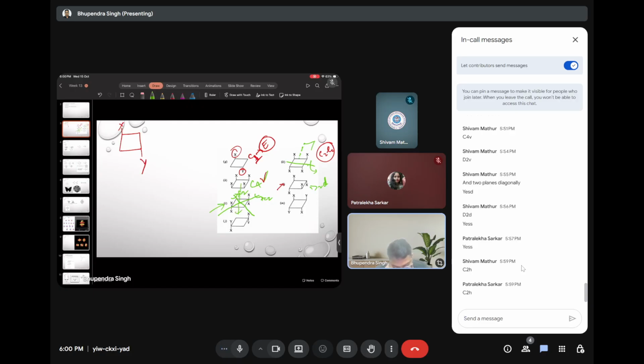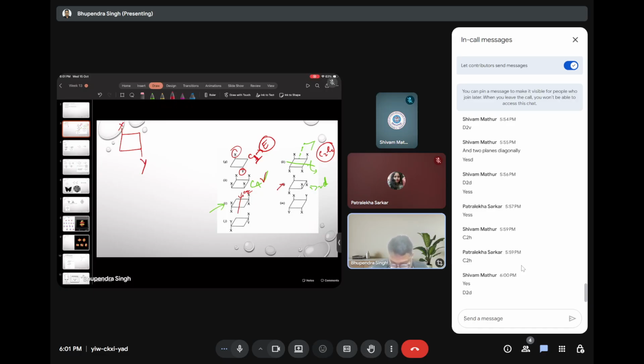Correct? This C2 axis. Now tell me what will be the point group. D2d.